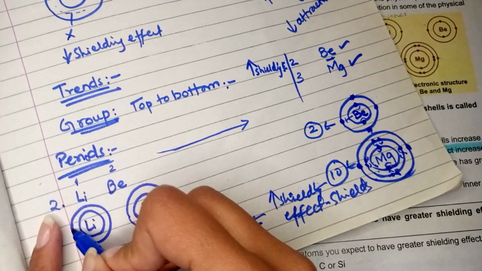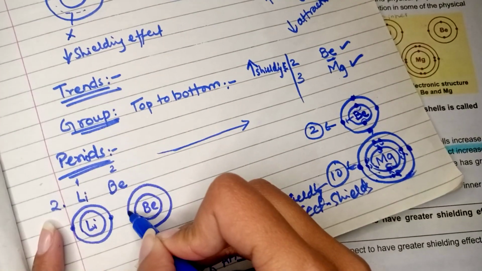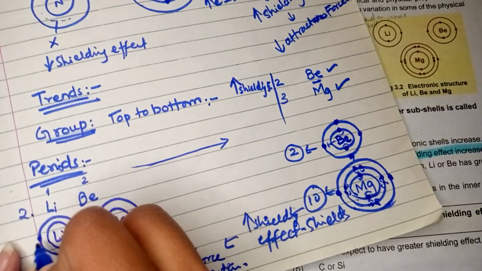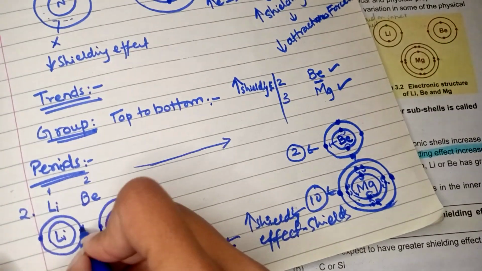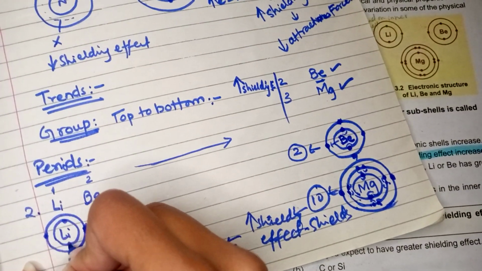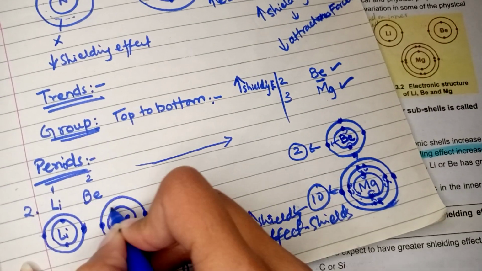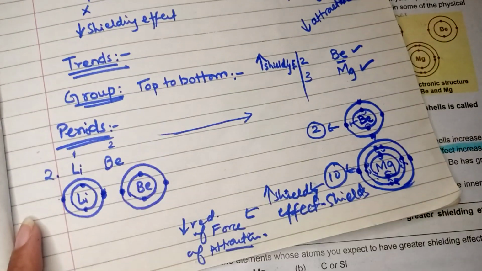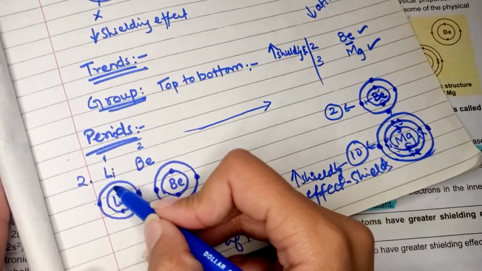Now these are the outermost electrons and the nucleus is exerting force on them. Lithium has atomic number 3, so it would have only 3 electrons: 1, 2 and 3. And beryllium has atomic number 4, so 1, 2, 3, 4. This is how we would draw it. Now how many electrons are present in the inner shell?